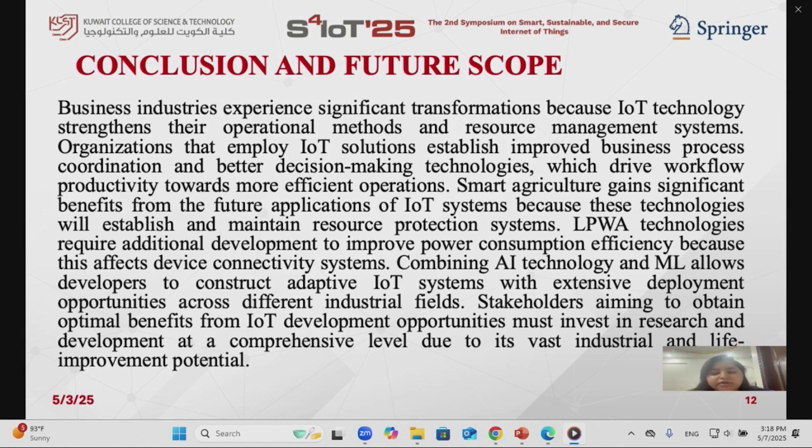Smart agriculture gains significant benefits from future applications of IoT, because these technologies require additional development to improve power consumption efficiency, as developers construct adapted IoT systems with extensive deployment opportunities across different industrial fields.